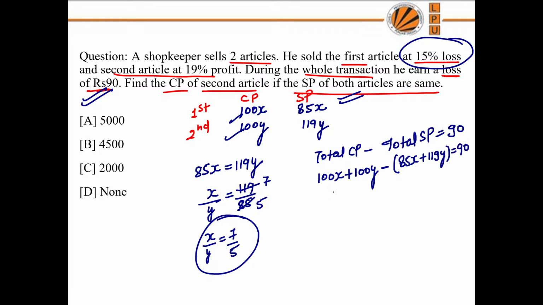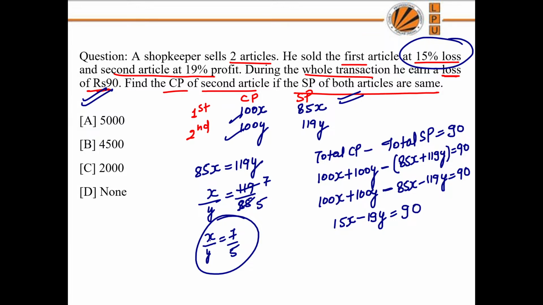So from here you can solve it further. So it is 100x plus 100y minus 85x minus 119y, it is equal to 90. So from here 15x minus 19y is equal to 90.